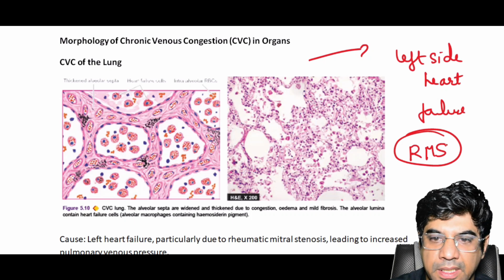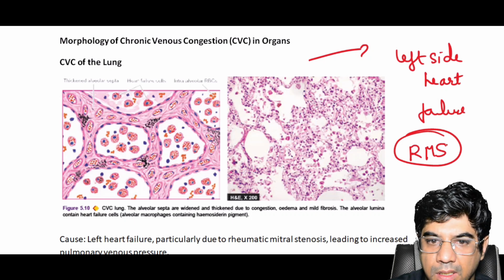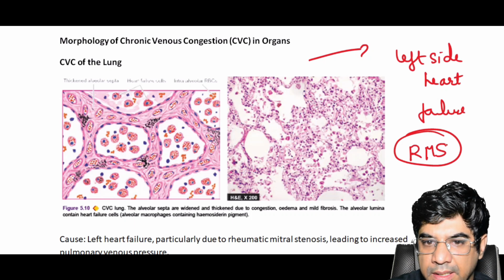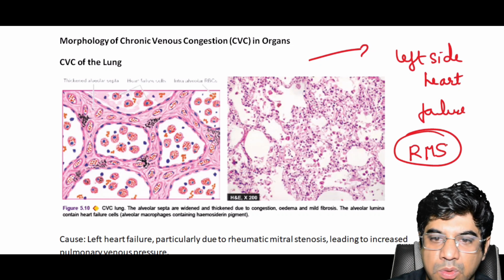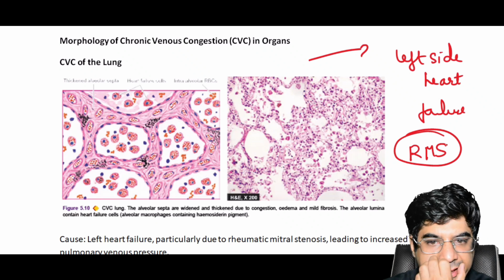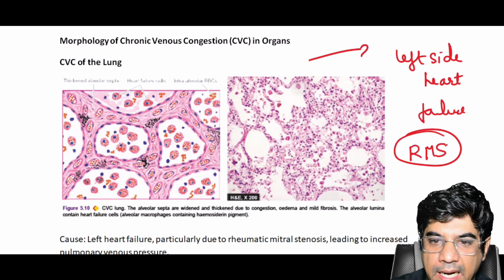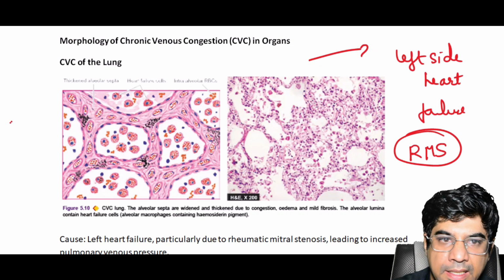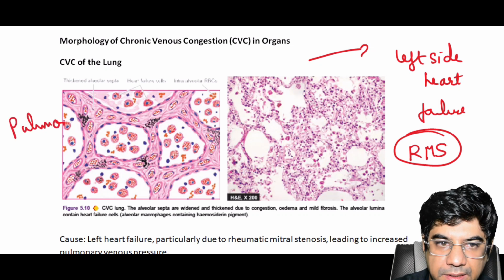That leads to pressure in the pulmonary veins. This condition narrows the mitral valve, obstructing blood flow from the left atrium to the left ventricle. That obstruction leads to increased pressure in the left atrium and in the pulmonary veins.